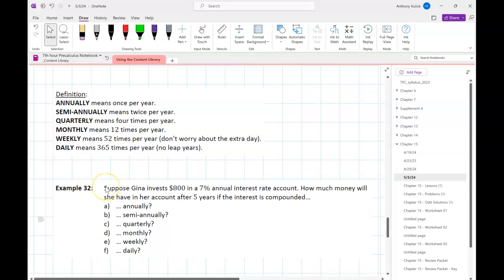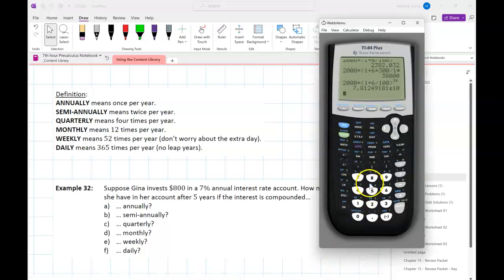The next problem: suppose Jean invests $800 in a 7% annual interest rate account. How much money will she have in her account after 5 years if the interest is compounded annually, semi-annually, quarterly, monthly, weekly, daily? Let's see.